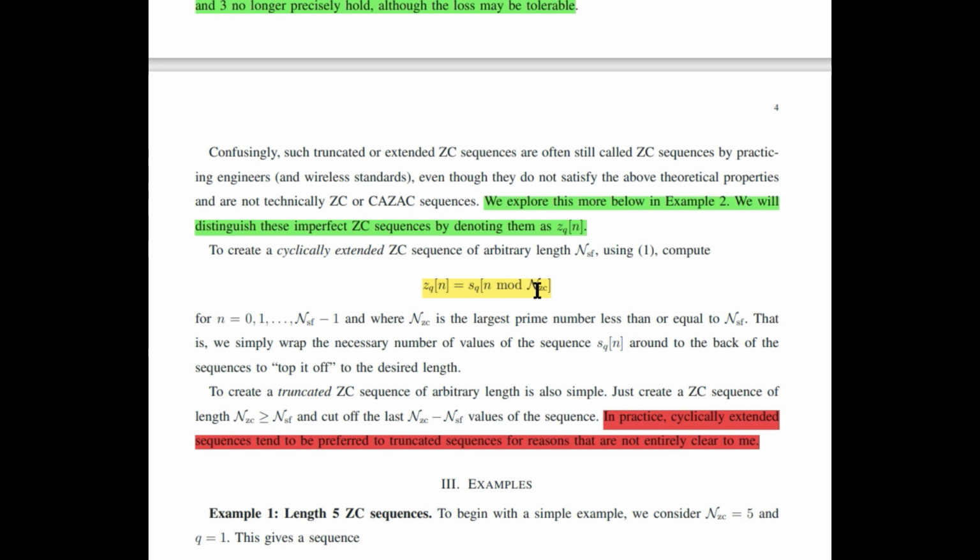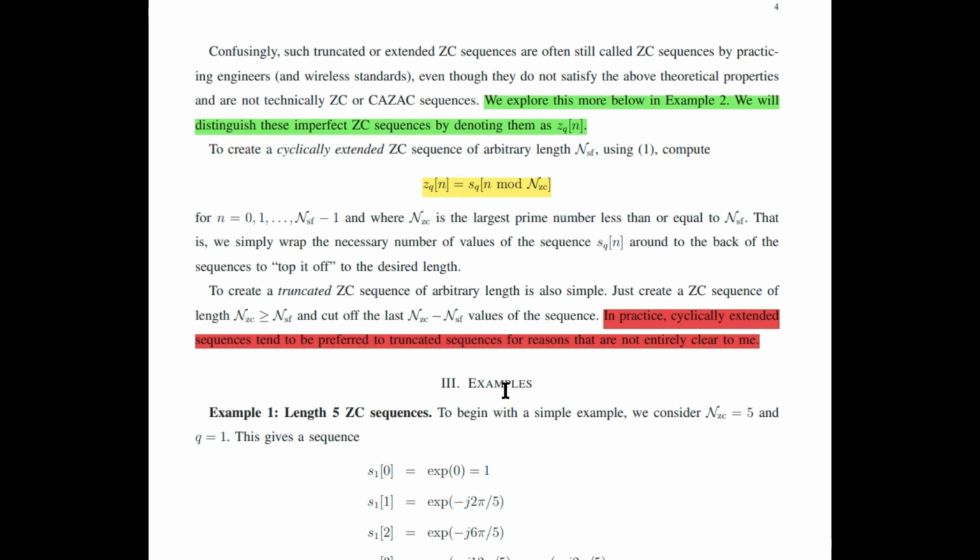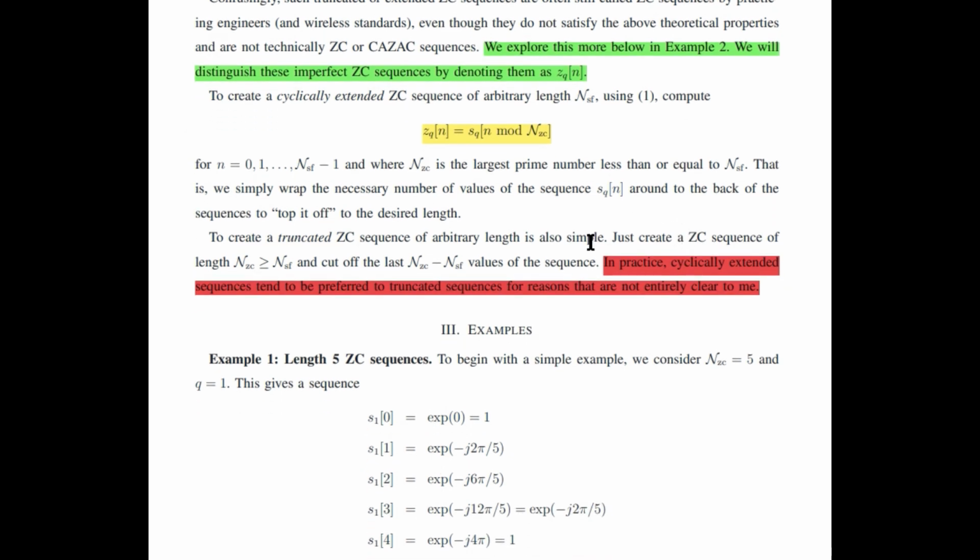First of all, suppose NZC is equal to 11, and 1 modulo 11 is 1, 2 modulo 11 is 2, and so on. And SQN, whatever q is defined and n is whatever the value, that is all we get. So we simply add the necessary SQN on the back of the sequence to top it off to the desired length.